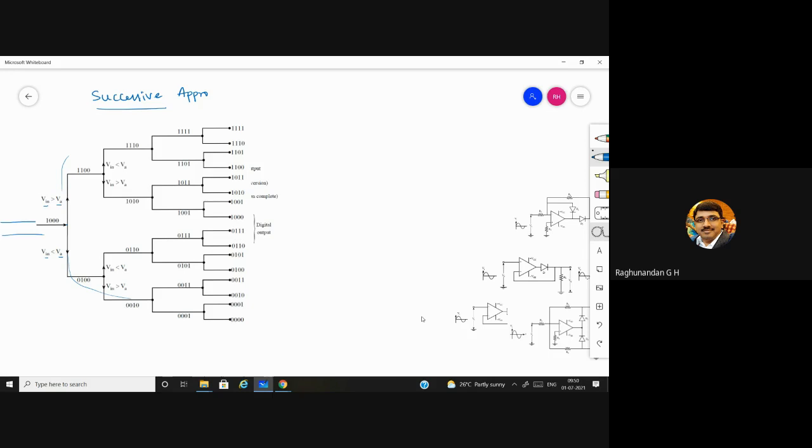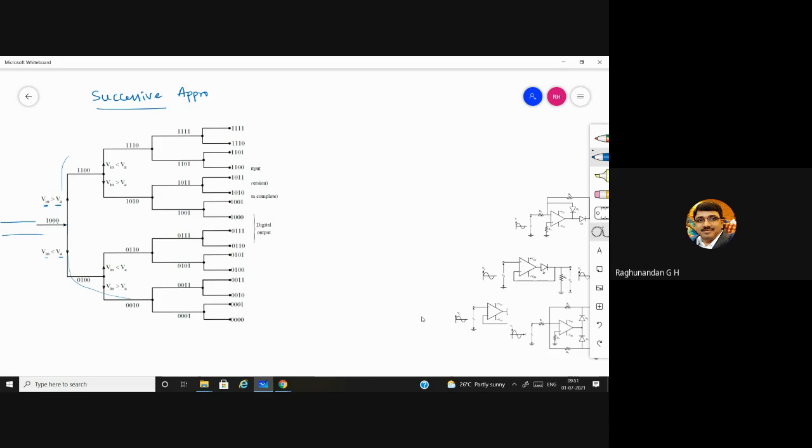Now the comparator tells that Vin is greater than VA. During that time, you have 1000, and the next bit will also be made high. The present value is 1000, and the next value will also be increased.